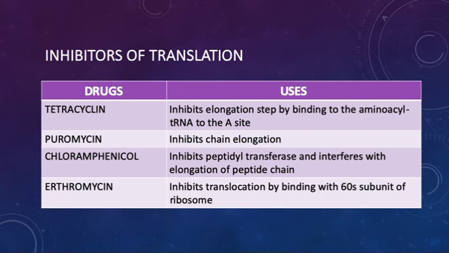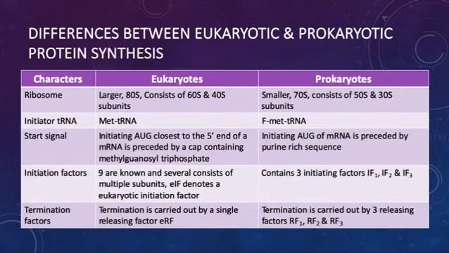Next, we'll go on to the differences between the eukaryotic and the prokaryotic protein synthesis. As we know, the ribosomes in the eukaryotes are larger, 80S, made up of 2 subunits, the 60S and the 40S.